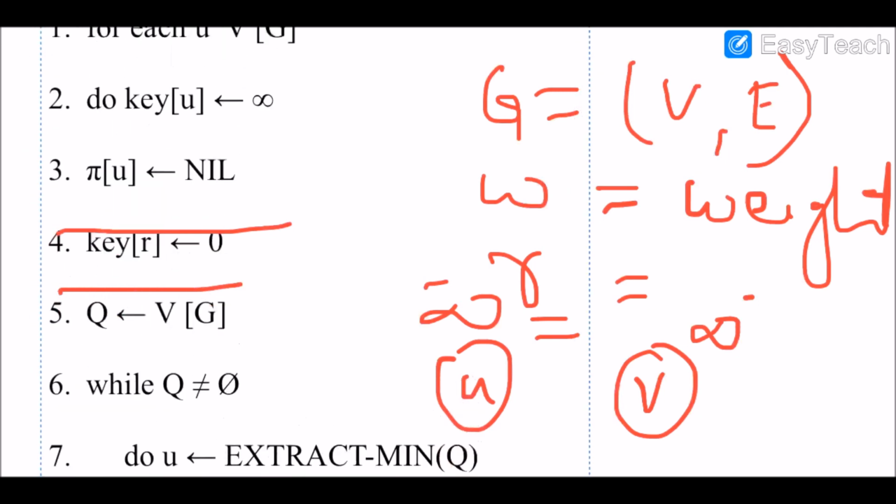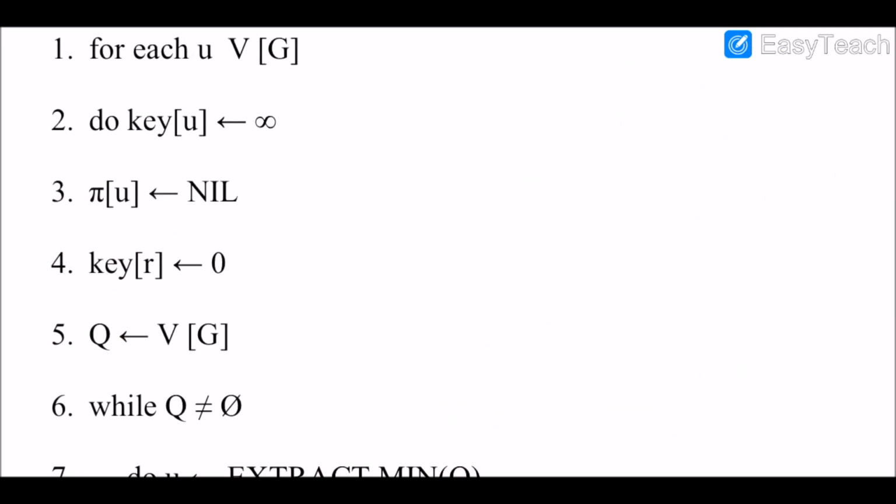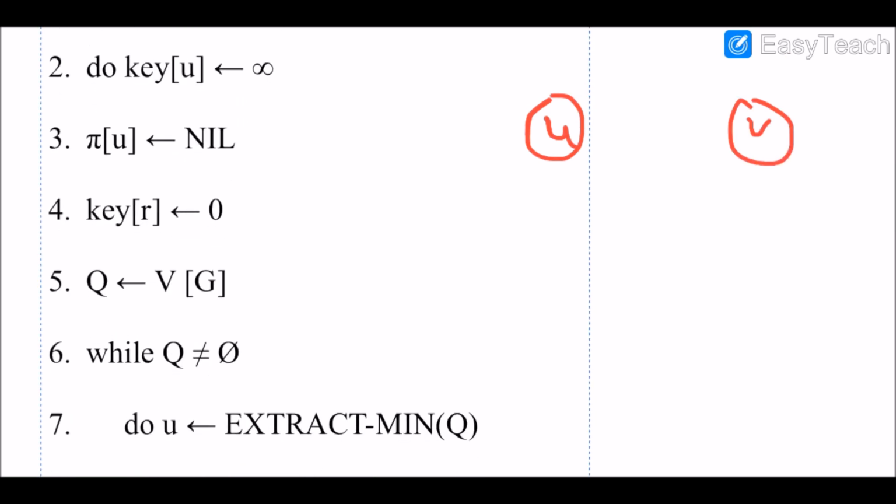Now the next line says that the key value of r should be 0. Let's say u is the initial node or the root node. We are going to assign the key value 0 to the root node, and all the rest of the vertices will be assigned a key value of infinity.